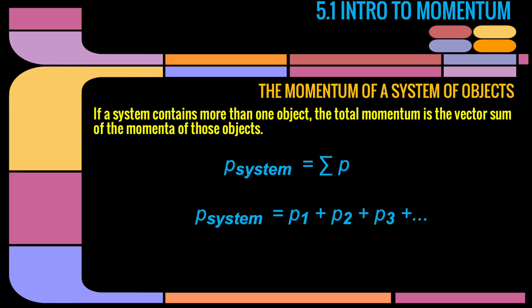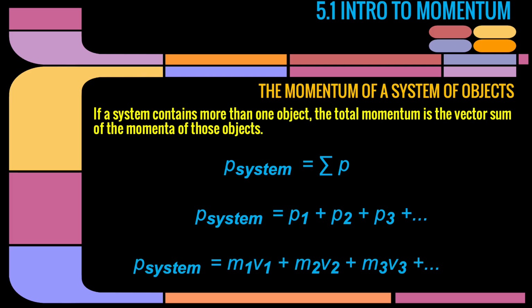What that looks like is the momentum of the system, P, is p1 plus p2 plus p3, so whatever objects and masses that we have. And then when we substitute the mvs for the ps, we have m1 v1, m2 v2, and so on, just indicating the different masses and velocities of objects within a system.